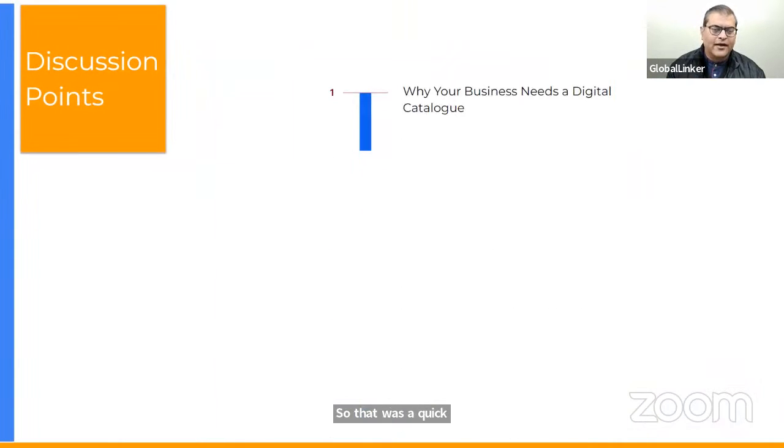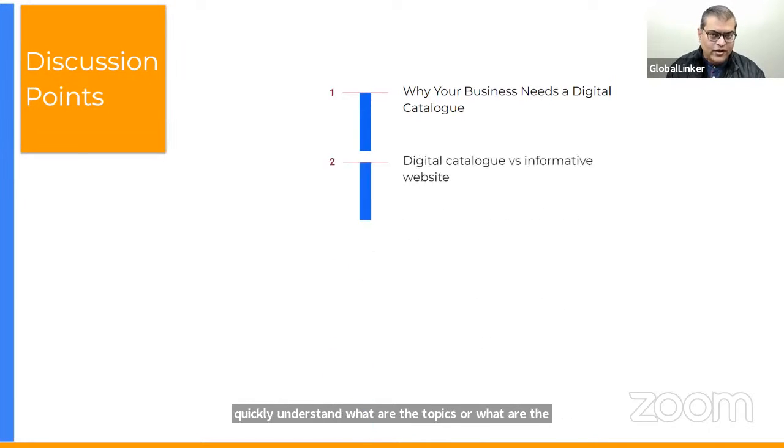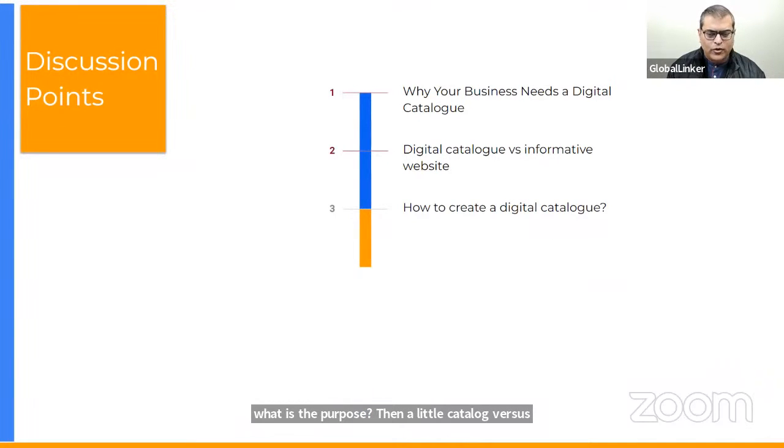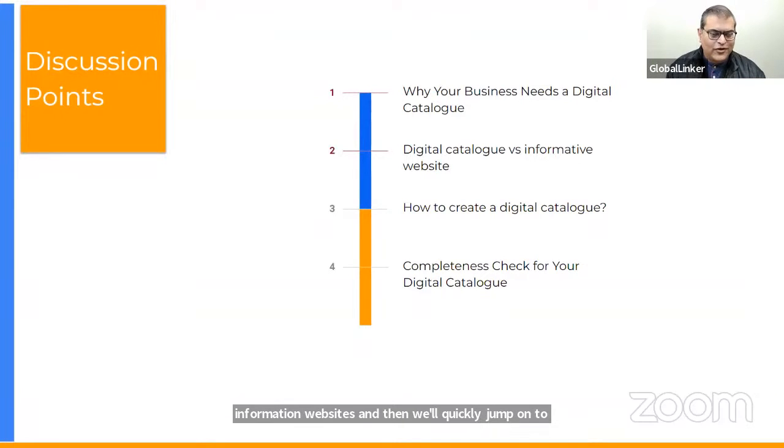We'll very quickly understand what are the broader topics that we are going to discuss in today's session. The first one is why your business needs a digital catalog. What is the purpose? Then digital catalog versus information websites, and then we'll quickly jump on to how to create a digital catalog, and I will walk you through the step-by-step process, and then a completeness checklist.